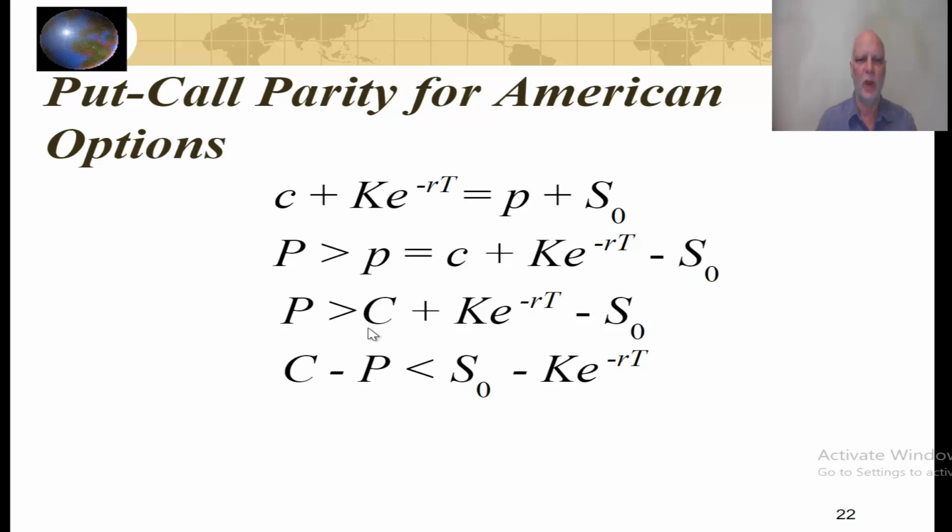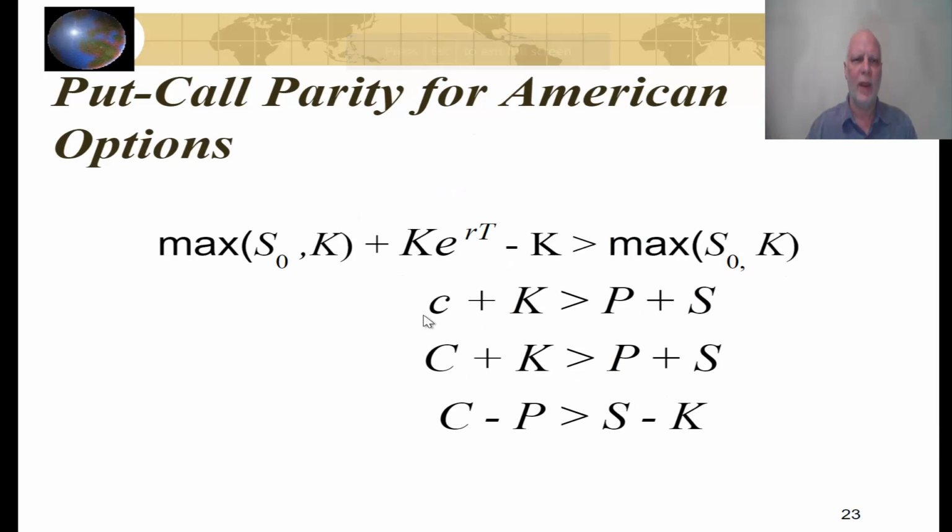We'll rearrange this by subtracting P from this side, moving this to the other side, and therefore we'll say that the difference between the American call and the American put has to be less than S naught minus present value of the strike price. So this is going to be half of the equation we will derive for a put-call parity relationship for Americans, similar to this one for European options.